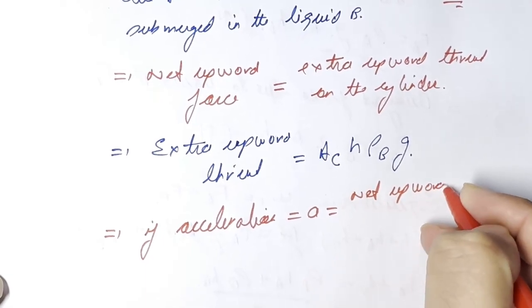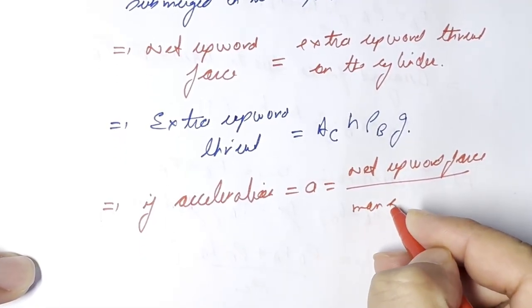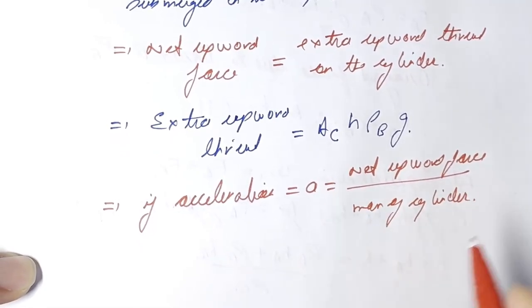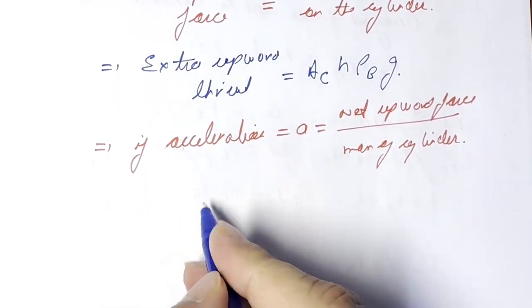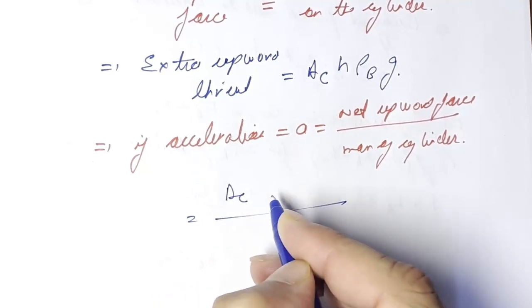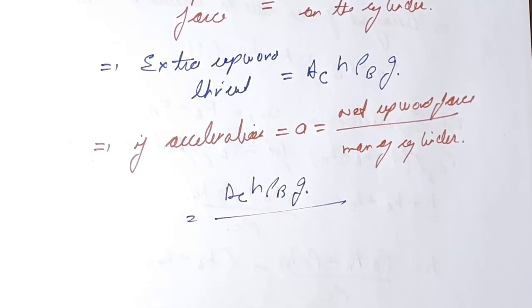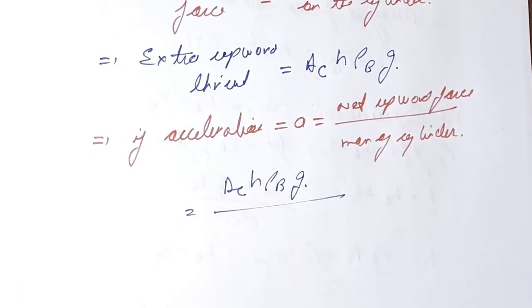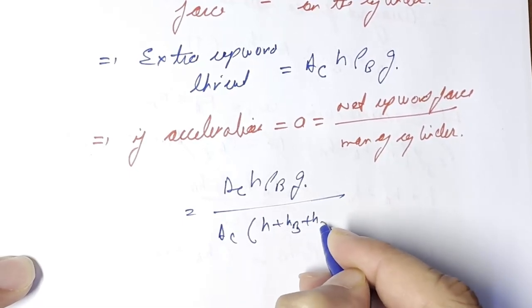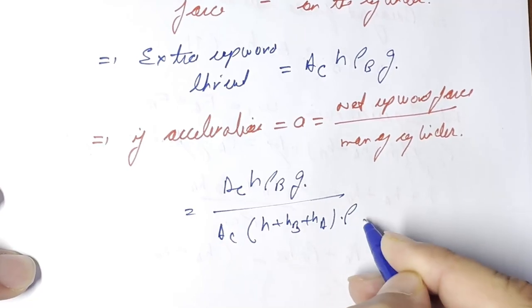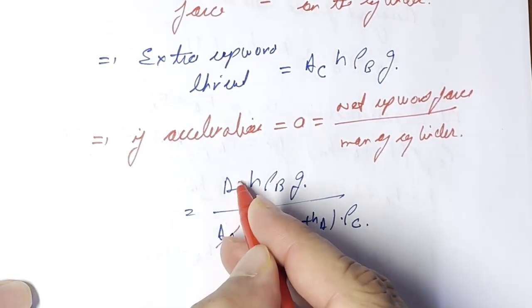Net upward force we just calculated: area of cross section AC, H, rho B multiplied by G. The mass of the cylinder will be area of cross section AC, total length of the cylinder H plus HB plus HA, multiplied by rho C, that is the density of the cylinder. And AC cancels with AC.